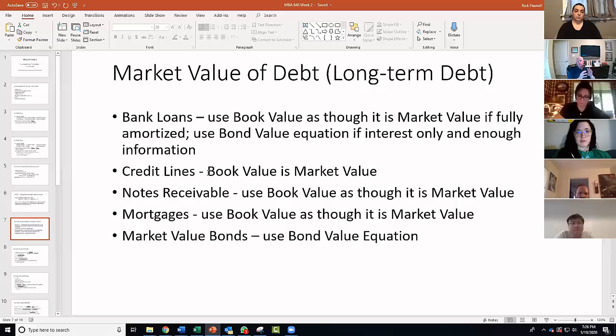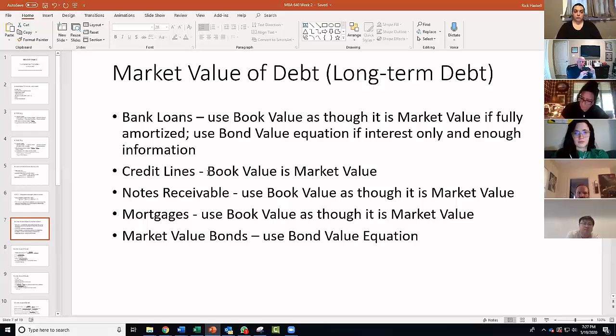Now, that said, credit lines have a couple of attributes. Credit lines are corporate instruments, or maybe they're personal instruments. A HELOC is a credit line, and they are virtually always interest only, which means the interest rate that the client pays interest based on is changing with the market interest rate, right?